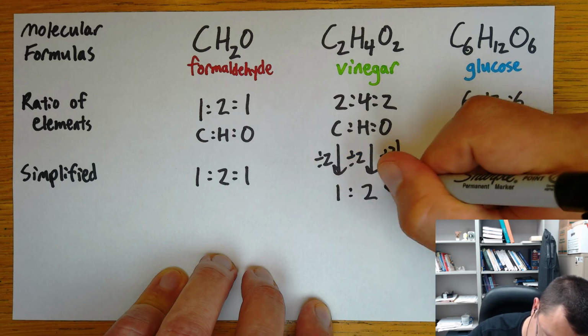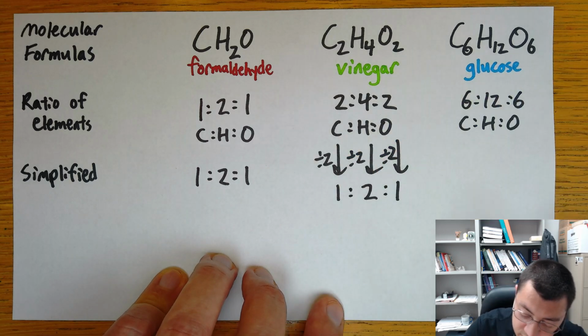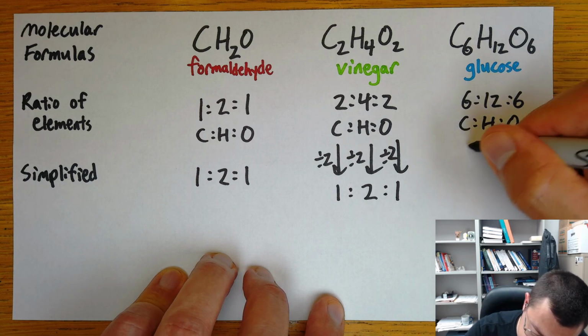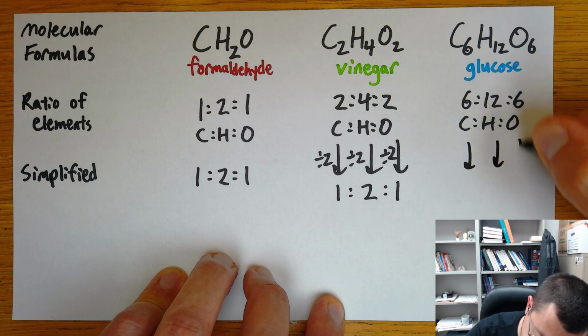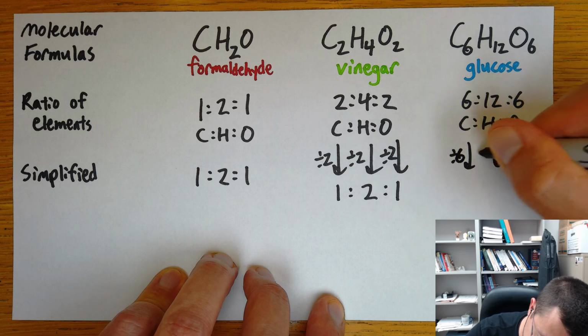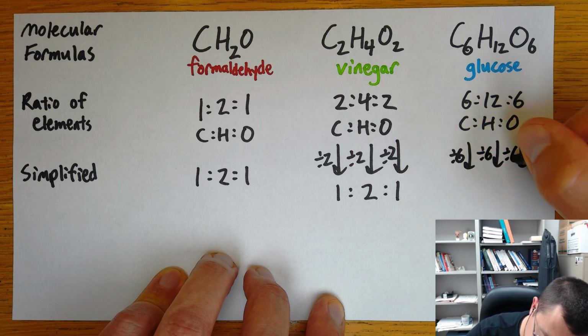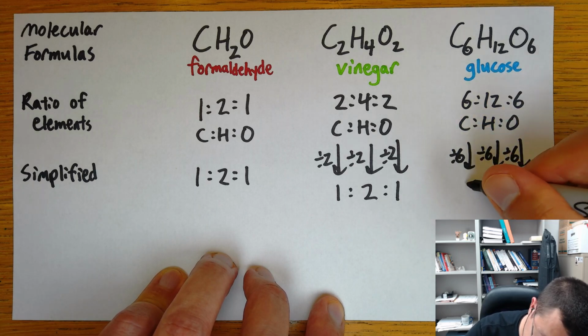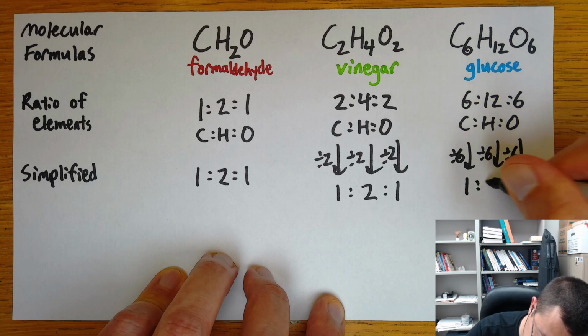So we have the same ratio again. Glucose, hopefully you see a common factor of 6. That can be removed. 6 divided by 6 is 1. 12 divided by 6 is 2. 6 divided by 6 is 1.